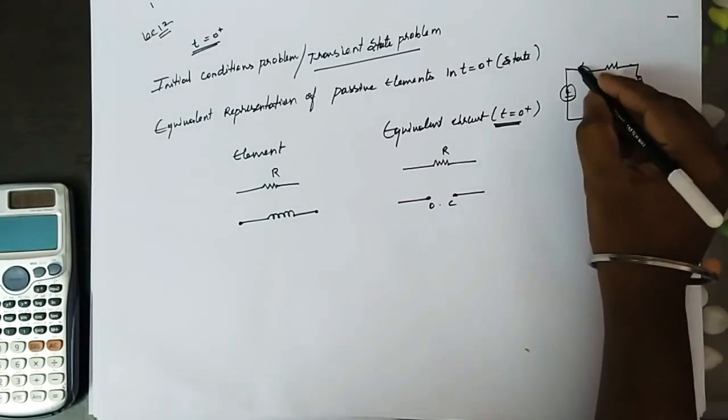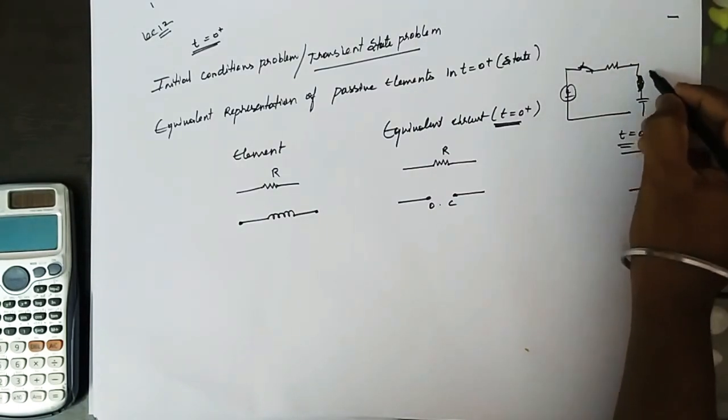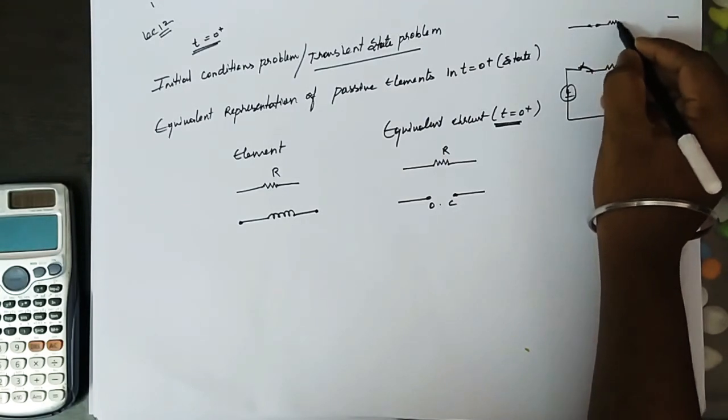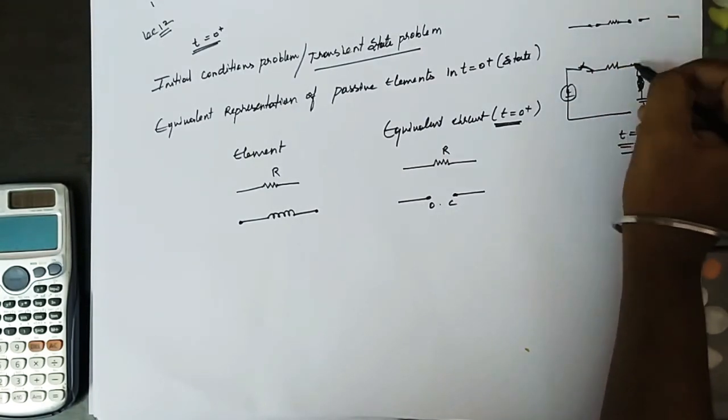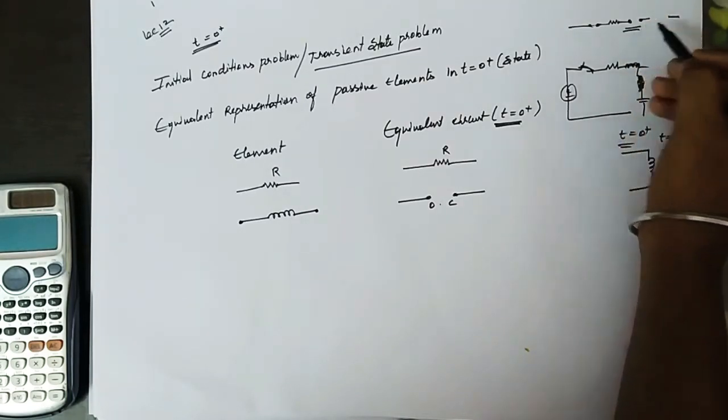That means if you switch on the circuit, the inductor behaves as an open circuit. If you place an inductor, it will act like an open circuit.